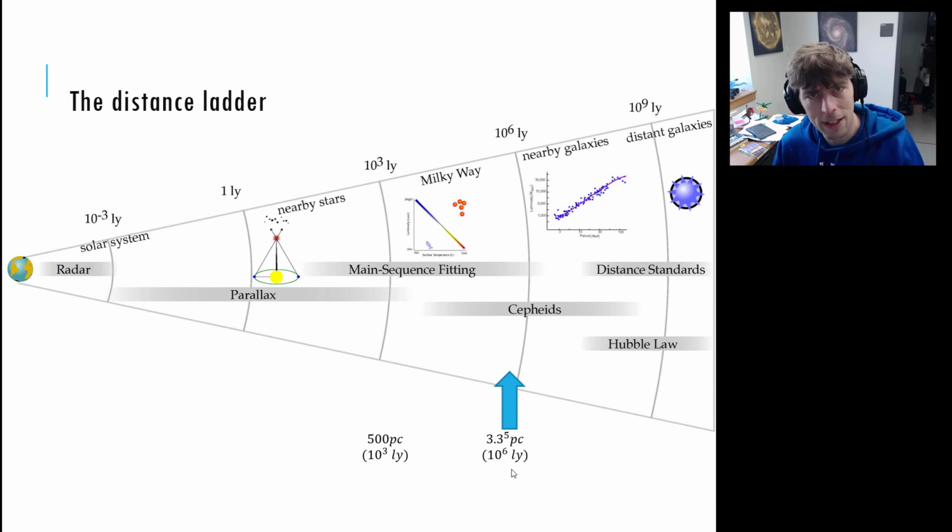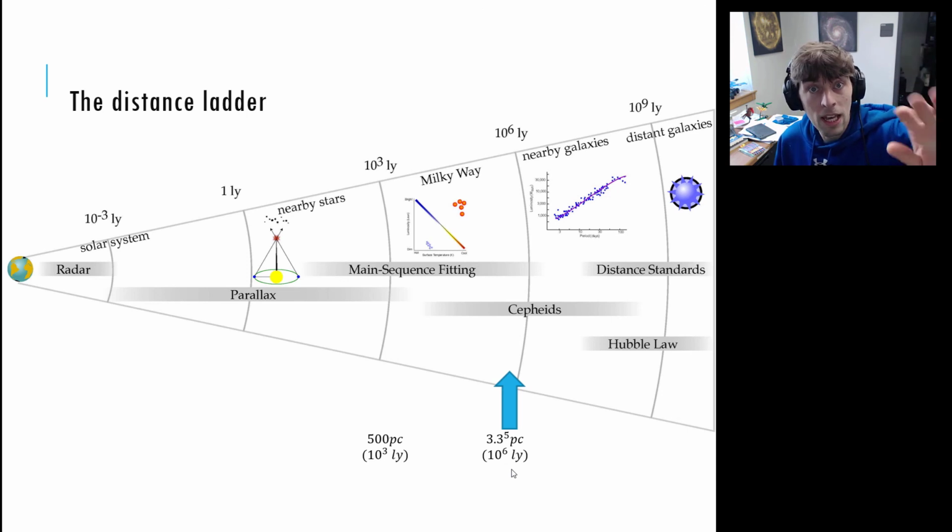You say, well, what's the limit there? Why can't we go further than 1 million light years? Here's the deal. The star has to be bright enough so that you can get a reasonable spectra. And you know that as a star gets further and further away, it appears dimmer and dimmer and dimmer.